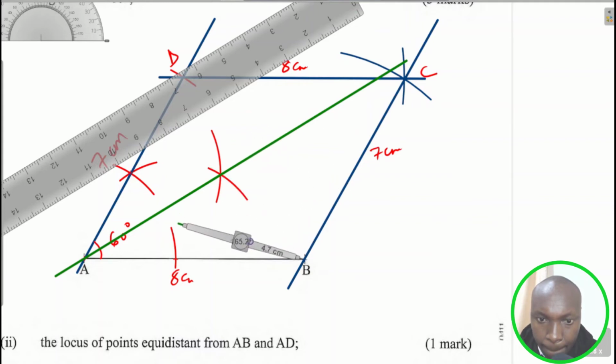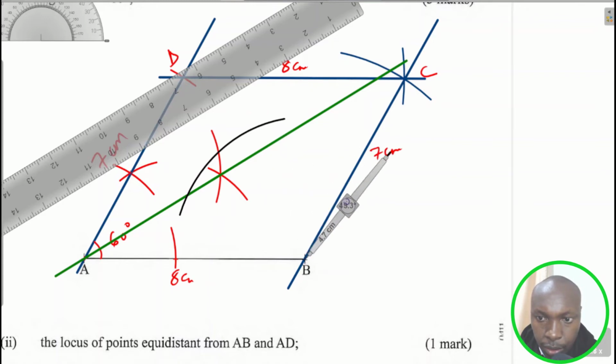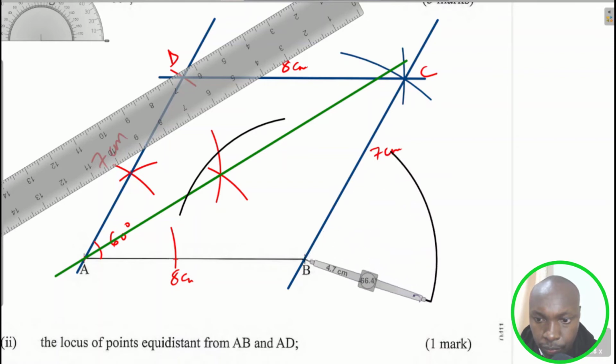Then mark a big arc here using a different color, then another arc below, with the same radius.